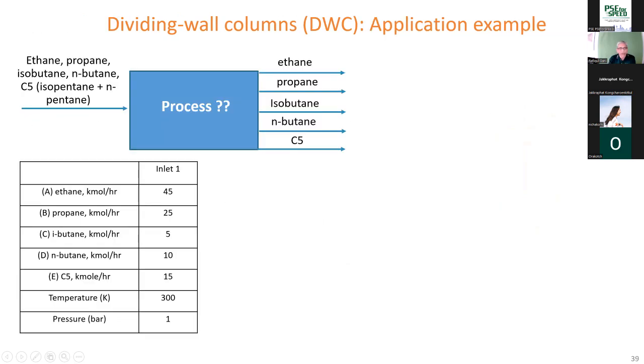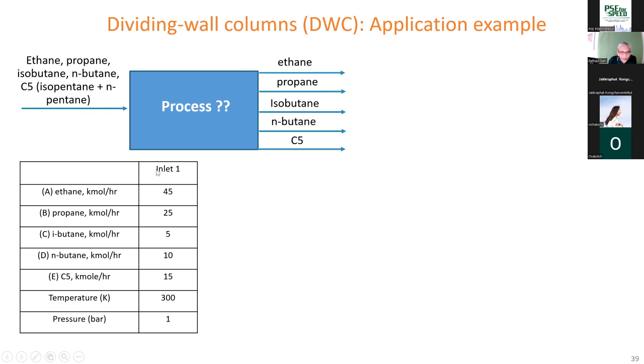So now, let us say that we want to separate a mixture, again taking from the petroleum industry, and this is starting from the de-ethanizer. There is more ethane than anything else. So ethane, propane, isobutane, N-butane, and the C5s are put together. And we want all products.